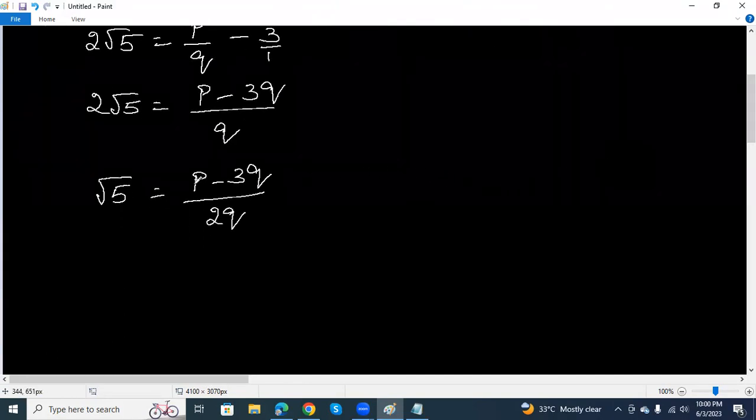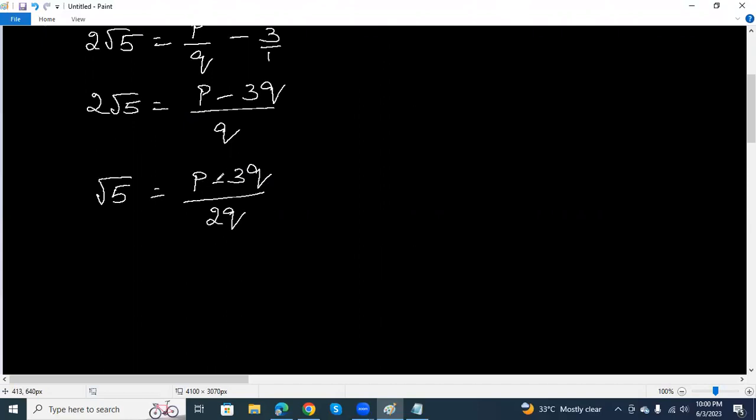Observe this. p and 3q are integers. When you subtract these two integers, you will get an integer only as a result, right? And here 2q is also an integer. So when both the integers are divided, you get a rational number. But this root 5 is an irrational number.